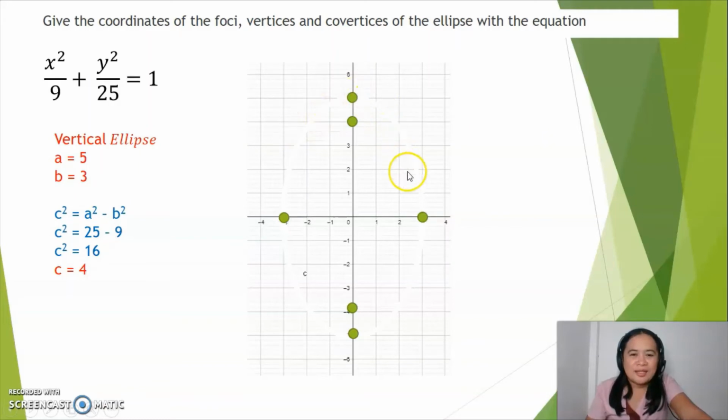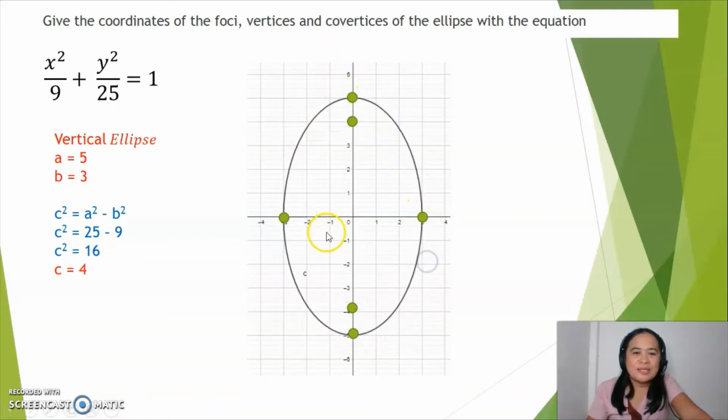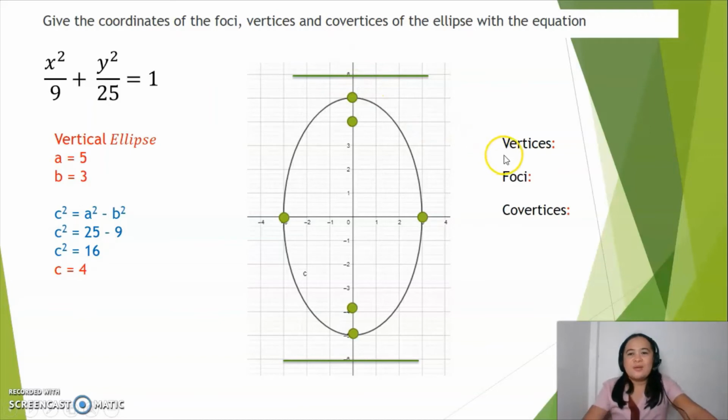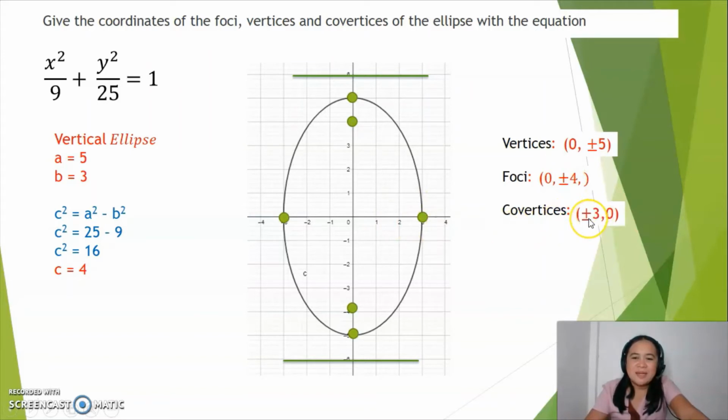Again, connect the vertices and the co-vertices with a smooth curve. And this is 1, so vertex to the directrix is also 1. With this, we can identify our vertices as 0, plus and minus 5. The foci are 0, plus and minus 4, while the co-vertices are located at plus and minus 3, 0.